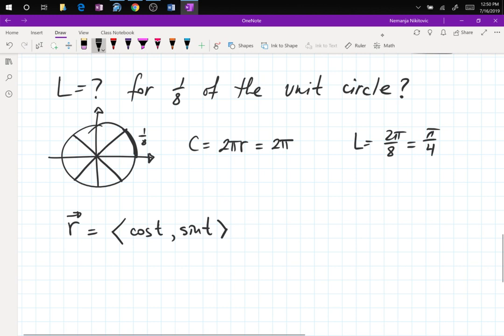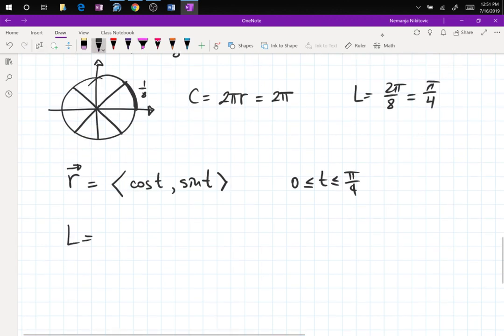And your angle will be t from 0 to pi over 4, because you only want 1/8 of a circle, right? All the way north is going to be pi over 2, and then flat is pi. So since you want only one part is 1/8.